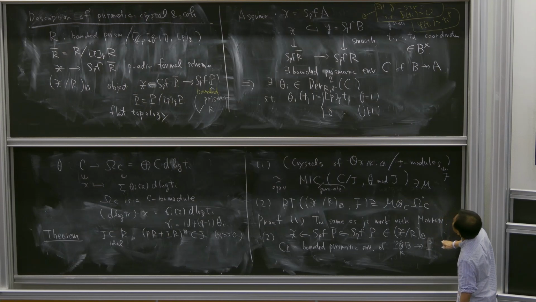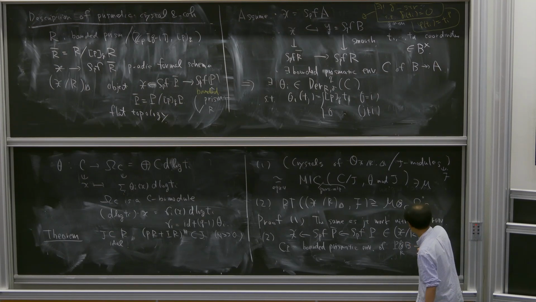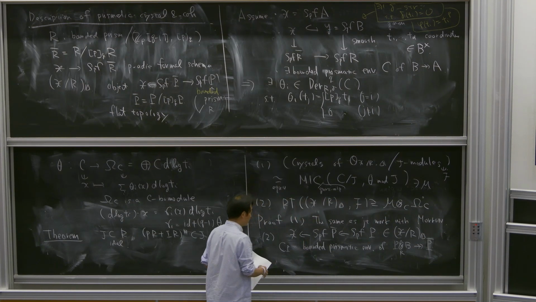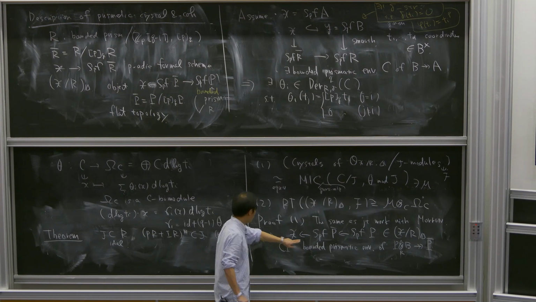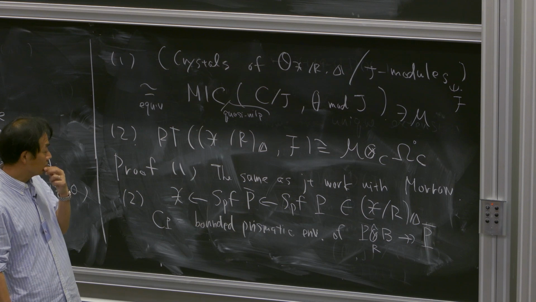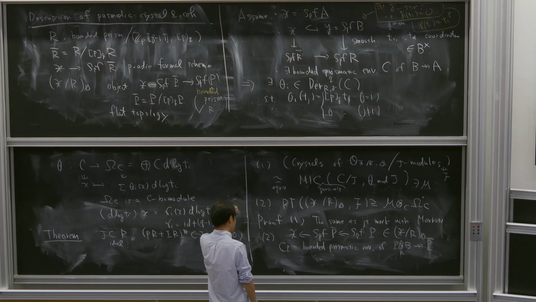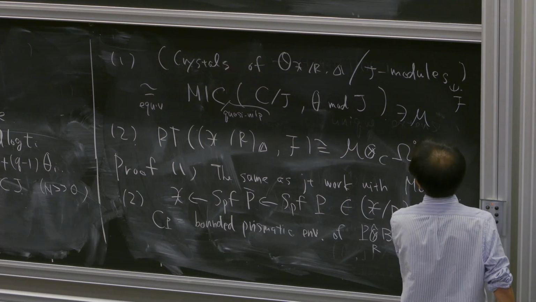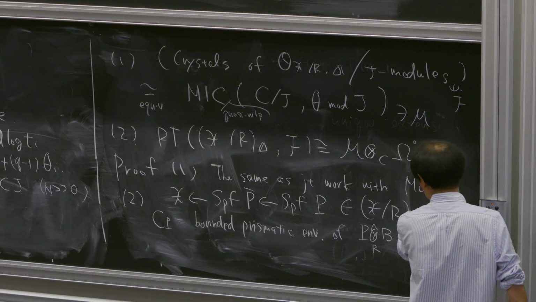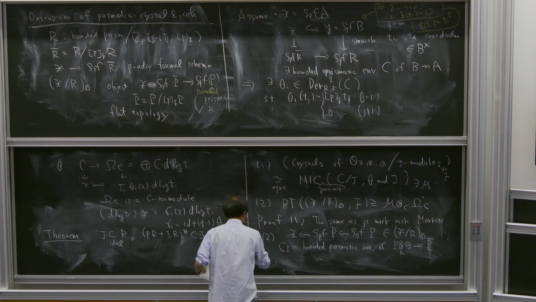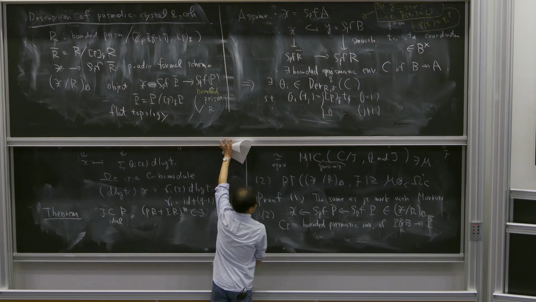And then we have a map from B to P bar because B maps to A and A maps to P bar. So we have this map, and then we have the following resolution.